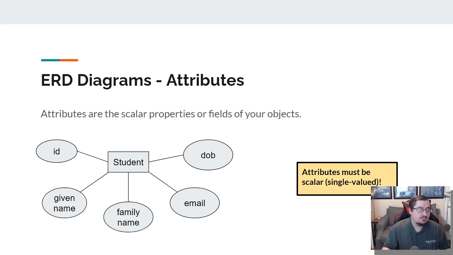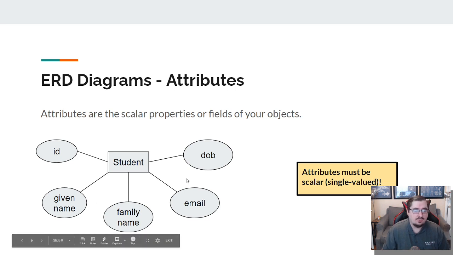Now, one thing to remember as you're putting these attributes in, remember that they have to be scalars, right? Remember we talked about fields need to be scalar, because your attributes are going to map to fields in your database, right? Individual cells. So whatever you put in here needs to be something that you can answer with a single value.